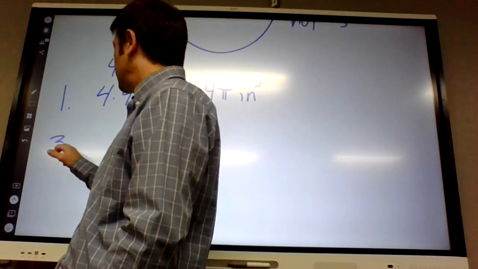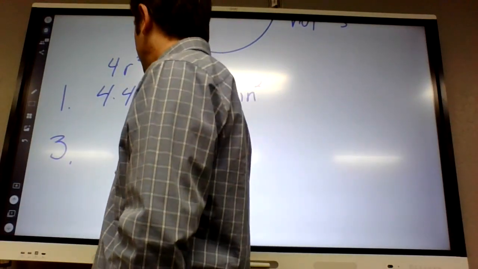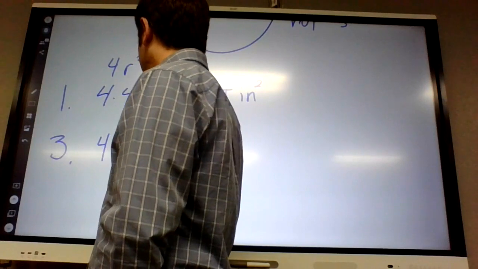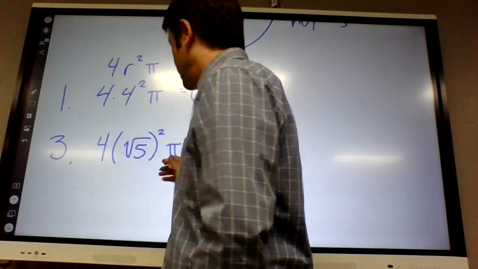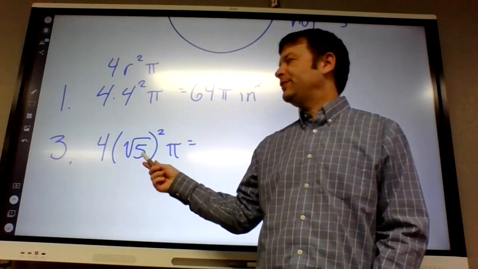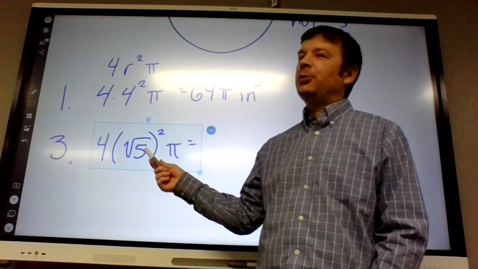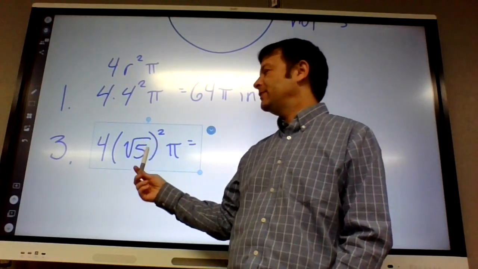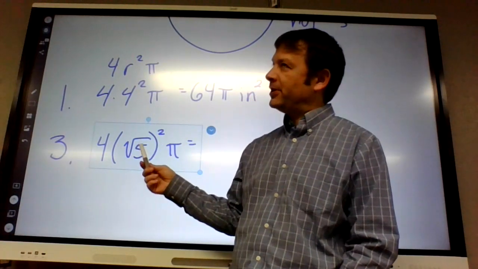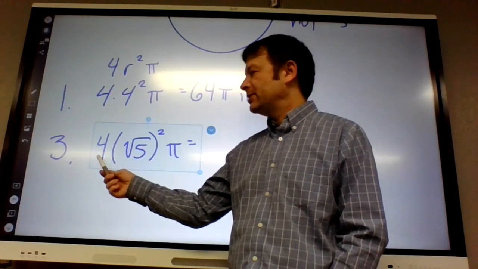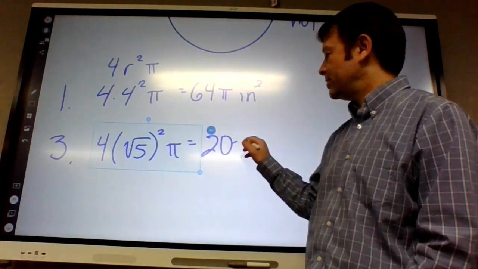Number 3, the radius is square root of 5. So I'm going to do 4 times square root of 5 squared times pi. What's square root of 5 squared? 5, yeah. Square root and square are opposites. It'd be like square root of 25, which is 5, times 4 is 20, times pi is 20 pi.